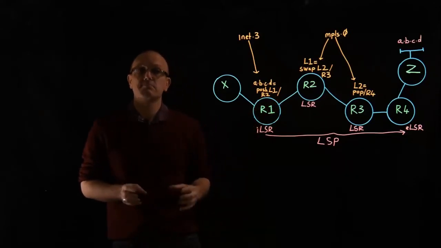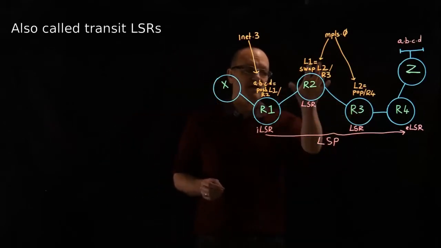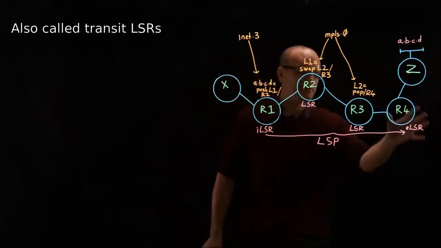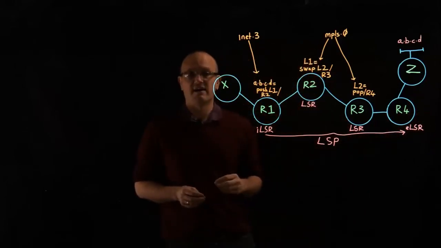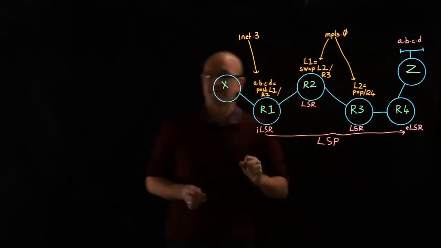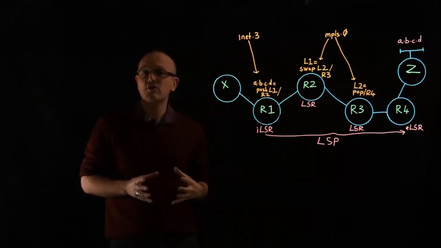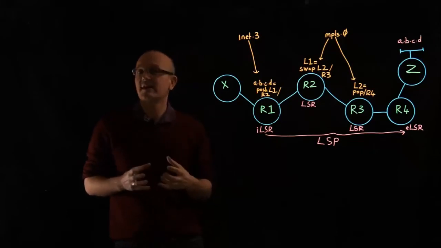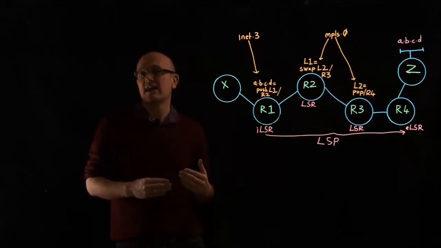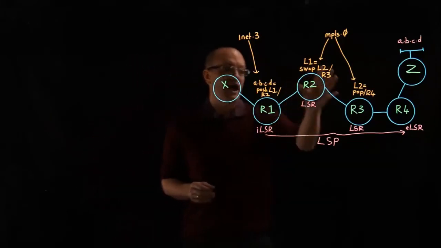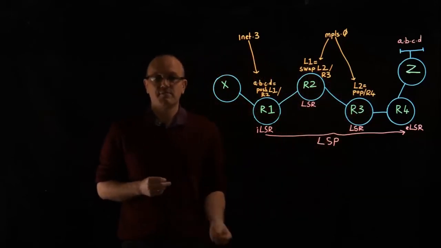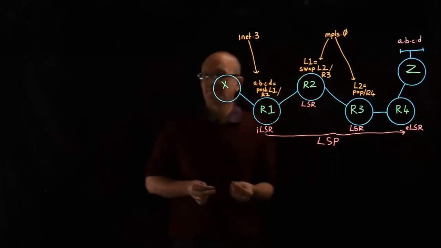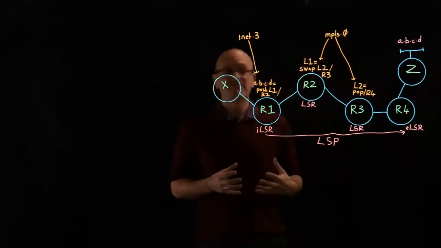We have pure LSRs in the middle of the LSP, and at the end of the LSP we have an egress LSR, an ELSR. And in terms of forwarding, the ingress LSR is taking an IP packet and pushing a label onto it.